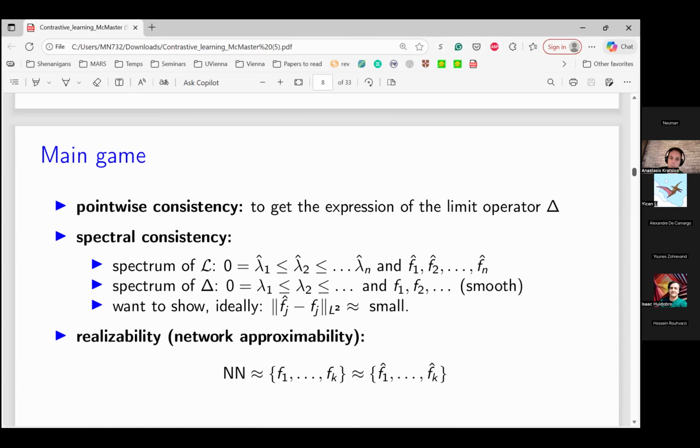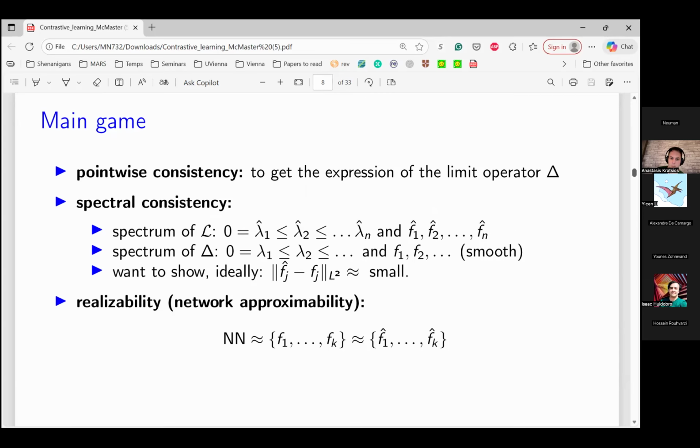So the main game is that first we're going to attack pointwise consistency. Basically, we have the augmentation graph Laplacian, we run n to infinity, and we want to find the limit operator, because we want to know the expression of the limit operator.